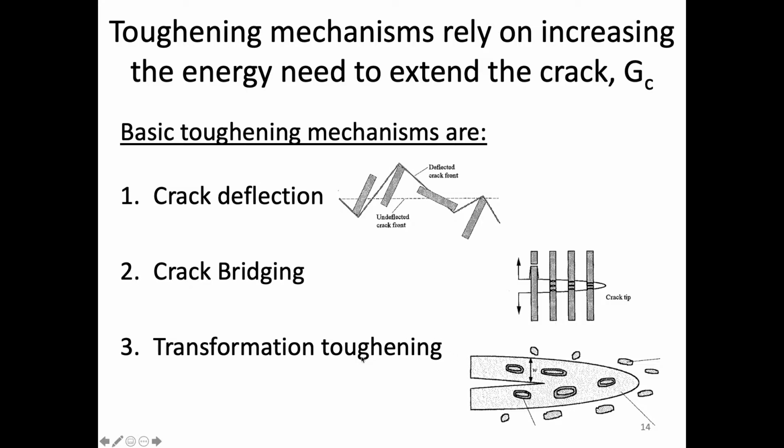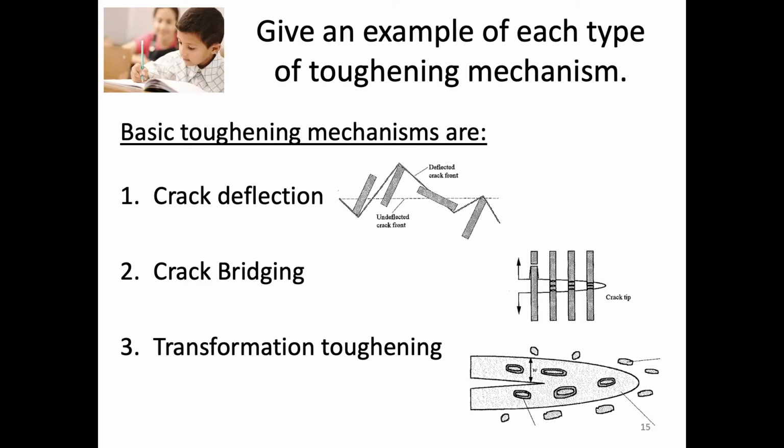And then the third one that we're going to talk about, which is sort of a specific example in the ceramic system, is to deal with a phase transformation that basically counters the crack propagation. And so we're going to look at these three mechanisms today, but we'll start with the first two.